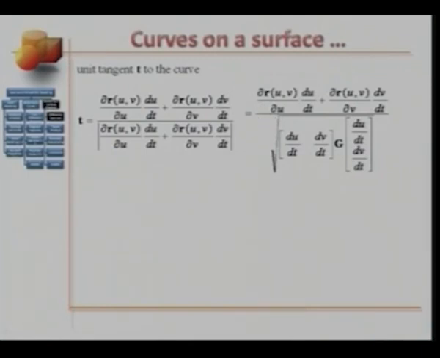To compute the unit tangent, we have to ensure that the denominator, in particular this expression here, should be non-zero and it should be positive.